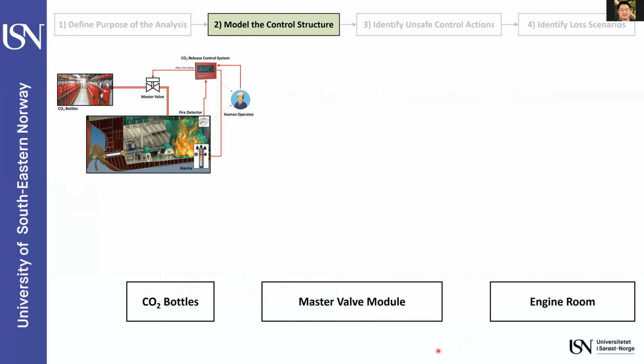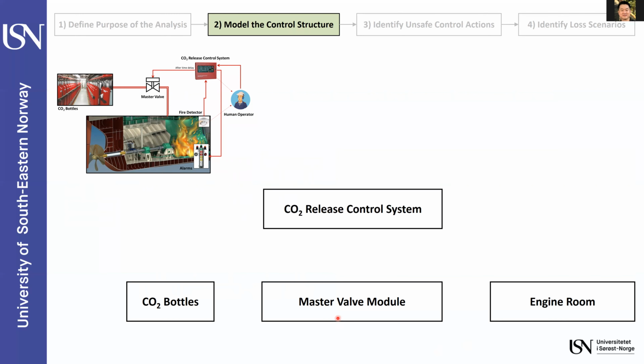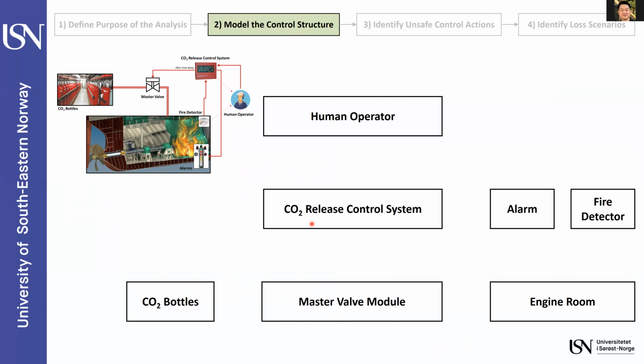And between them, we have a master valve module. And this master valve module is controlled by the CO2 release control system. And a fire detector and an alarm are connected to this CO2 release control system. And finally, we have a human operator.